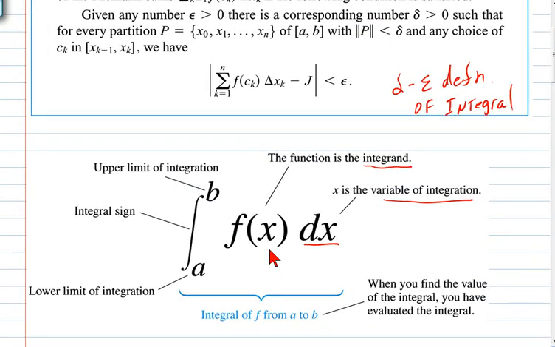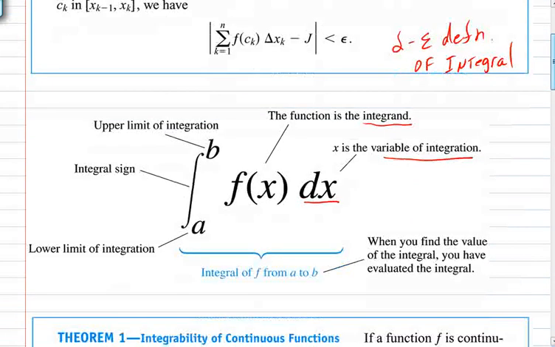When you get into Cal 3, you're going to be doing multiple integration of equations that have 2 or 3 variables. And you'll have a dx, dy, dz. And that tells you the order that you want to take the integral of each variable. So there's bigger things coming up. You just need to know what this is. This tells you the variable that you're taking the integral with respect to.